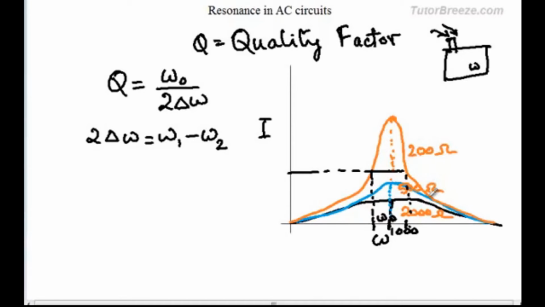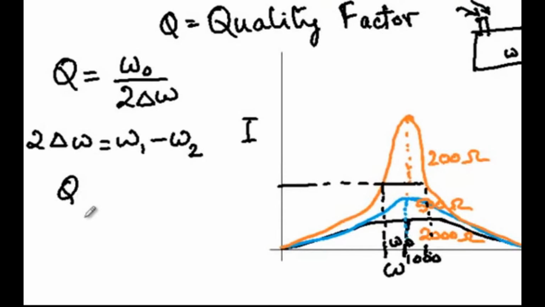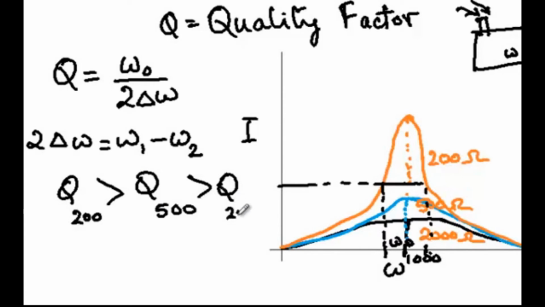In the circuits shown over here, Q for a circuit with the smallest resistance, which is 200 ohms, is more than Q for the circuit which has the largest resistance. So Q for the 200 ohm circuit is more than Q for 500, which is more than Q for 2000 ohm resistance.